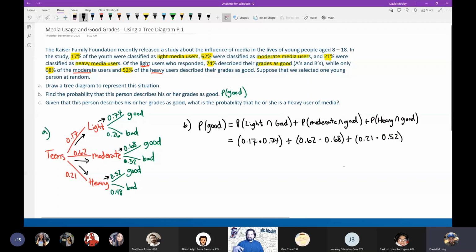If you're not following how I got these numbers and how I've set this up, please say something or raise your hand or something. If this is not making sense, please let me know in some way.